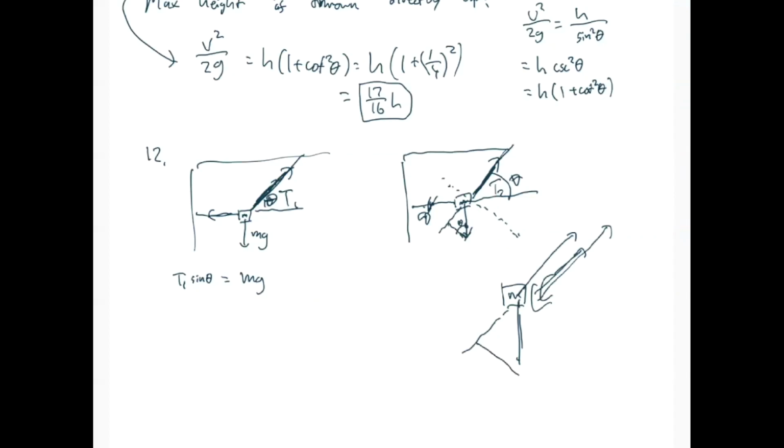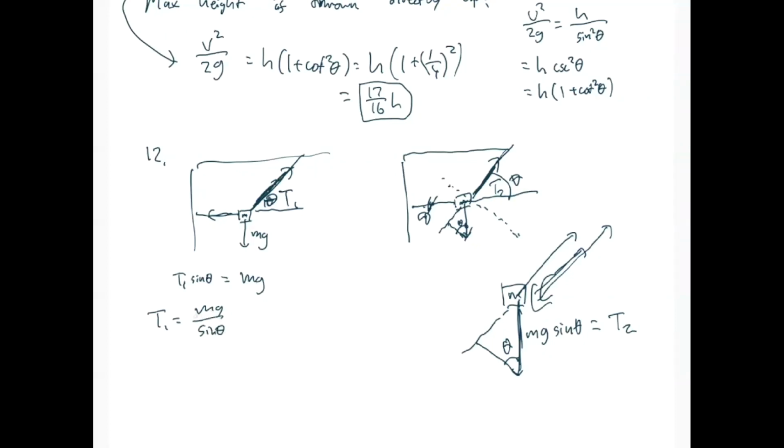So that's fine. We have two forces in that direction. We have the component of gravity, which is mg times sine theta, and that should be equal to T2. All right. So now let's compare the magnitudes. So T1 equals mg over sine theta.